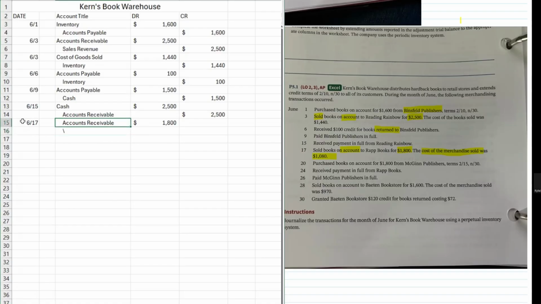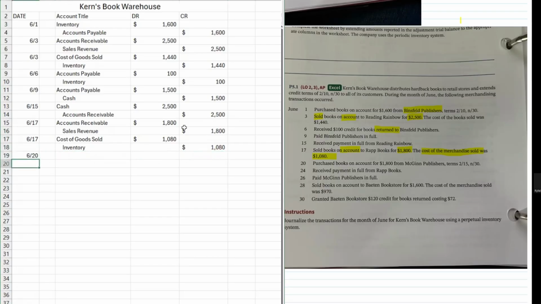And then we're recognizing sales revenue for 1,800. And then we're recognizing the expense of the inventory. So 6/17, and then cost of goods sold, and then inventory. So our cost of goods sold was 1080. Our inventory taken out was 1080.